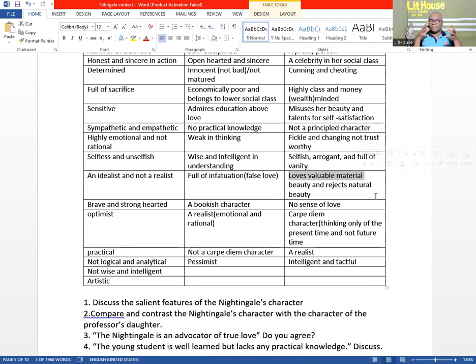She loves wealth, money, silver, gold, and everything. But she rejects natural beauty, like the red rose. Red rose is a symbol of natural beauty. And she does not like it because it has no value.